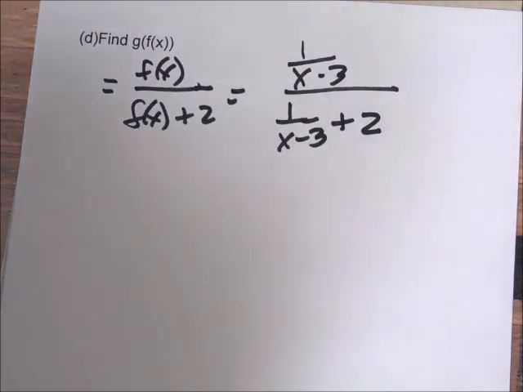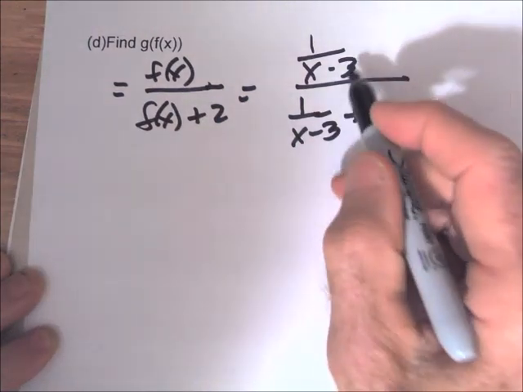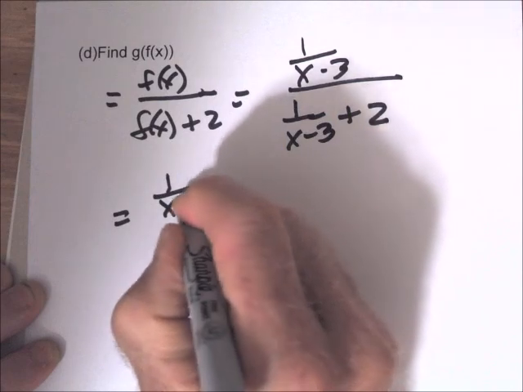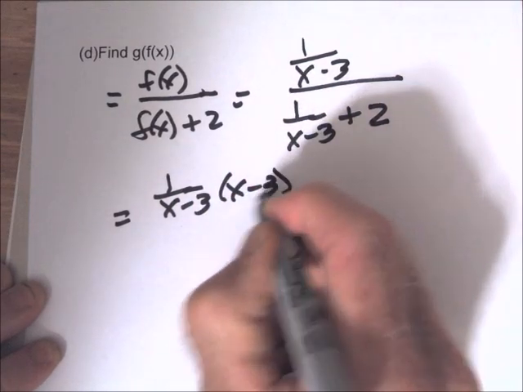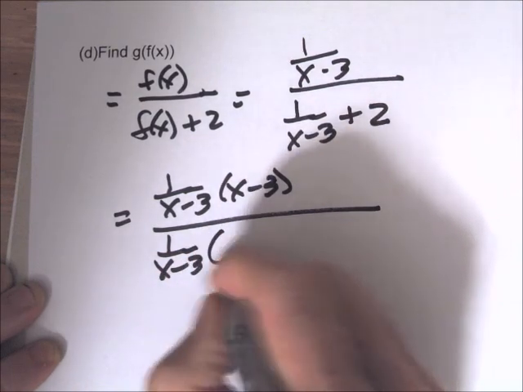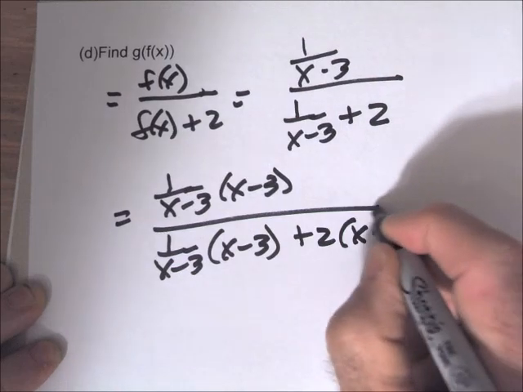So we want to use the denominator of the inside fraction to simplify it. Multiply each term by x minus 3. So it would be 1 over x minus 3 times x minus 3, over 1 over x minus 3 times x minus 3 plus 2 times x minus 3.